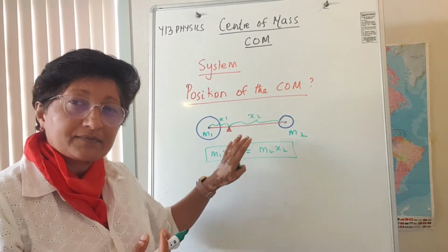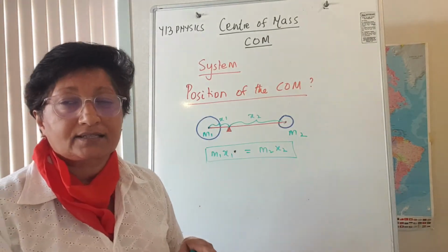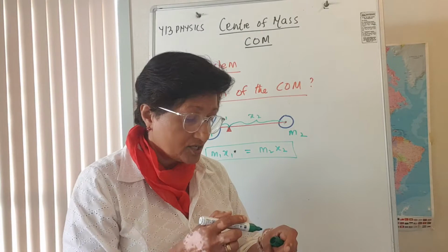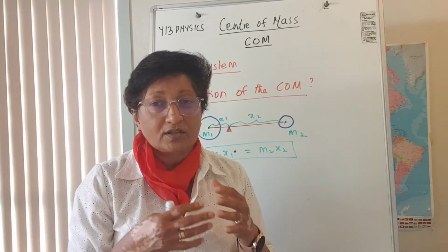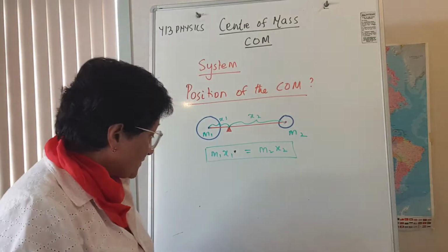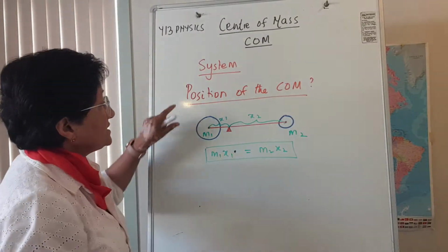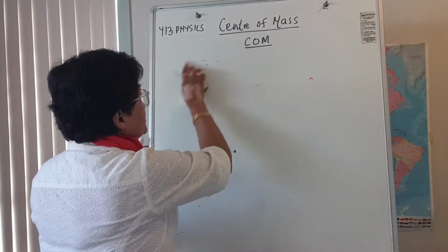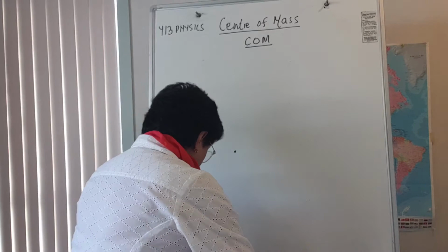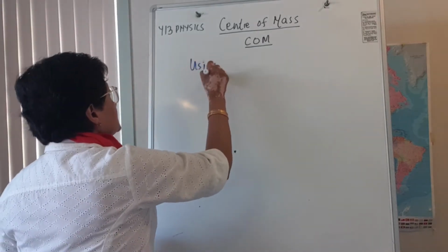But sometimes it may not be possible to apply this rule to calculate the center of mass. There are other situations where you actually have to use a reference point when two things are moving relative to each other. So the second way of calculating the position of the center of mass is by using what we call a reference point.